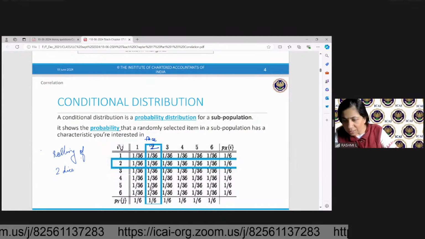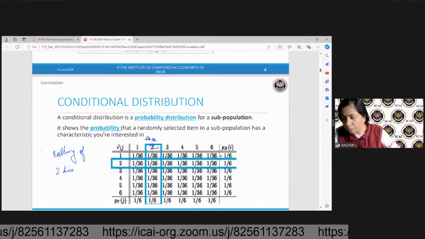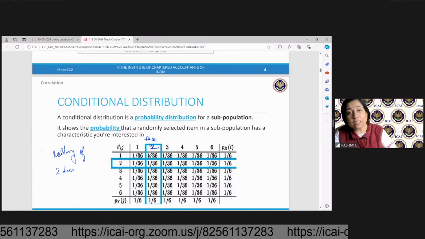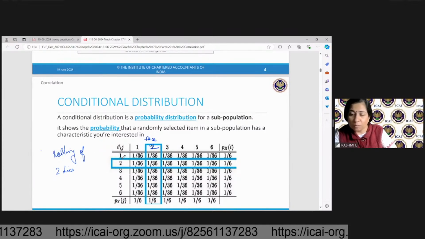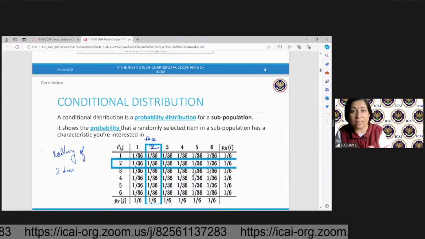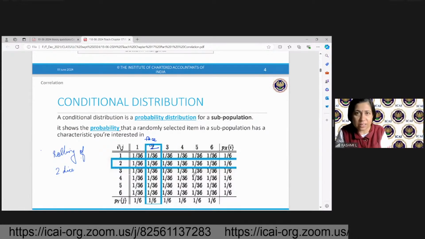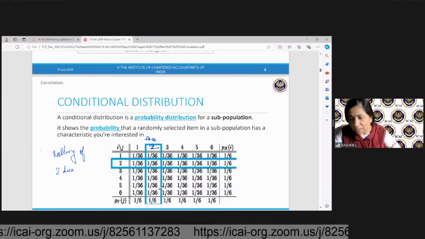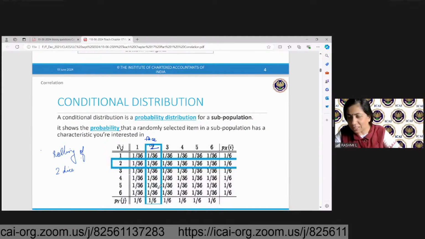So this one marked in blue is known as the conditional probability. Now, in this case, both are possible. Why? Because you cannot distinguish between one die and the other, right? So that is why here you will have the plus shape.